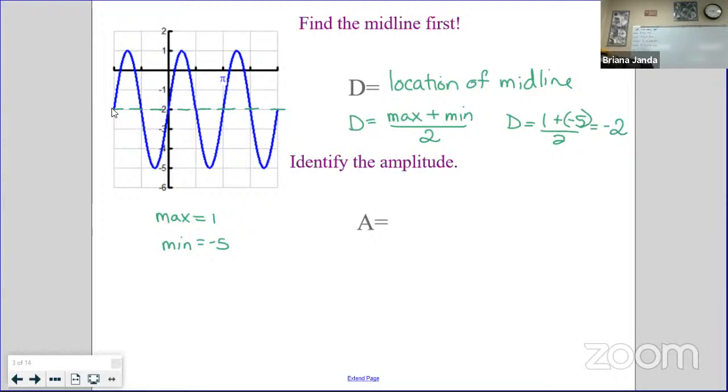Okay. Then our amplitude, again, if I can look at my picture and identify my amplitude, that's kind of the route I take, but I'll give you a formula if you are a formula person. Our amplitude will be the distance our max or our min is from the midline.